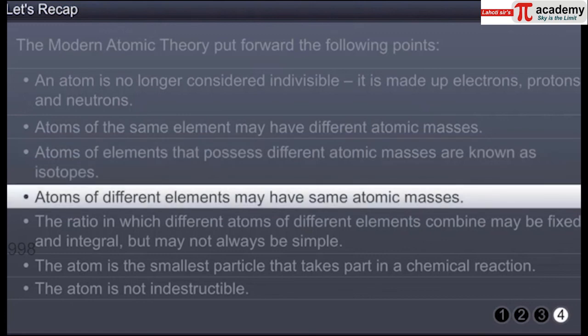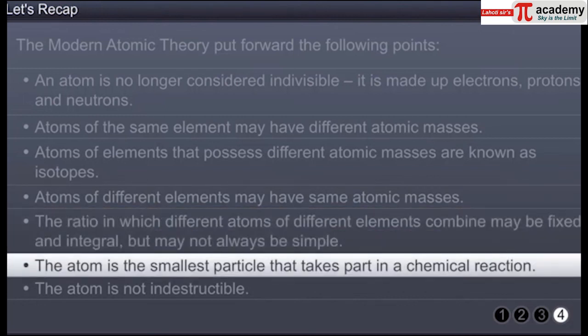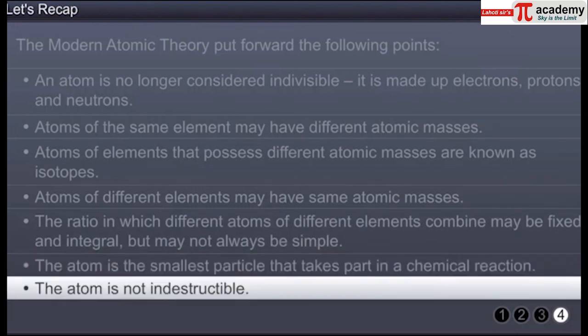Atoms of different elements may have the same atomic masses. The ratio in which different atoms of different elements combine may be fixed and integral, but may not always be simple. The atom is the smallest particle that takes part in a chemical reaction. The atom is not indestructible.